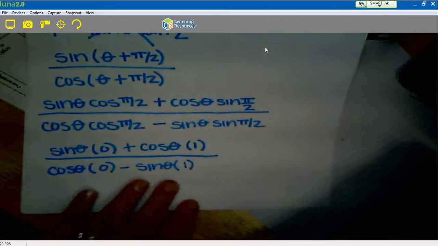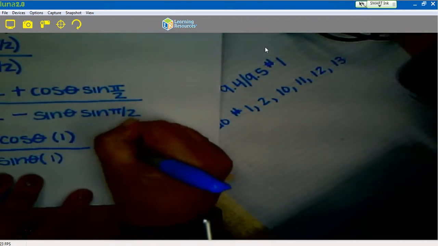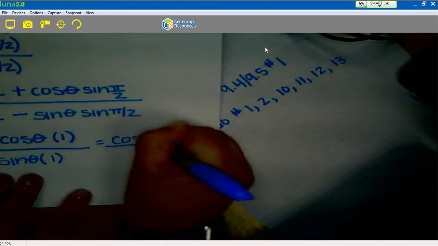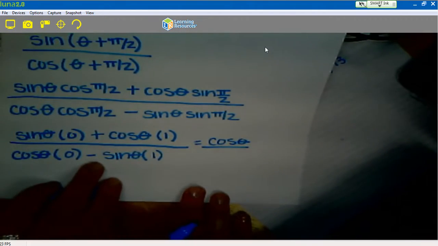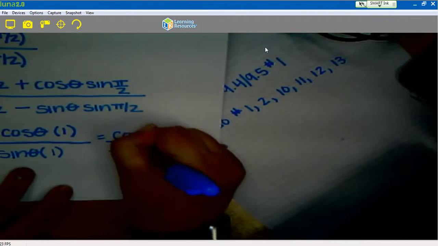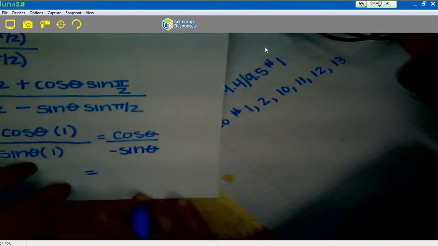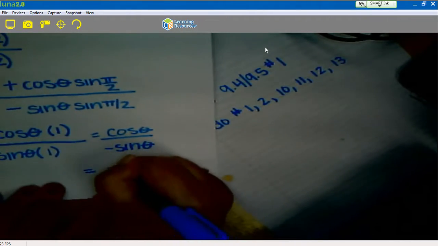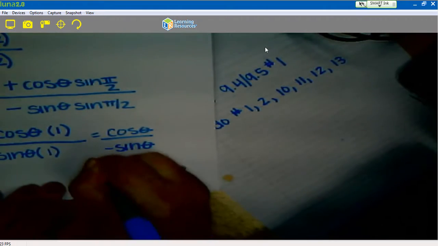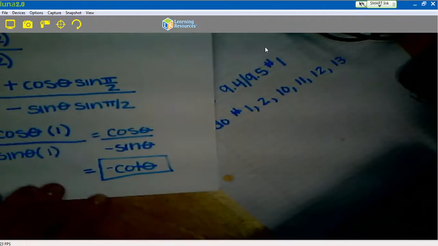Cosine theta times 1, that's just cosine theta, over cosine theta times 0 is gone, minus sine theta times 1, that's a negative sine theta. Cosine over sine is cotangent. Because this is negative, it means it's a negative cotangent theta. And that is what we were trying to verify.